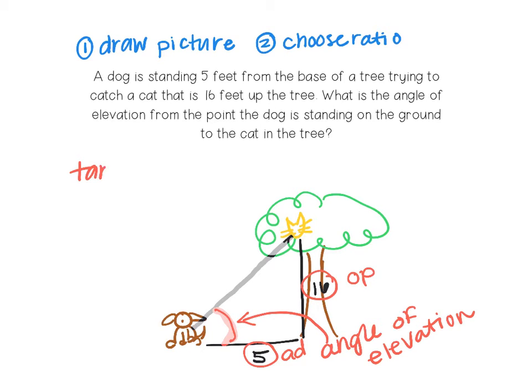So tangent of theta is equal to the opposite over the adjacent. And we know from reviewing inverse trig that what I'm going to do here is do the inverse tangent on both sides to find theta.